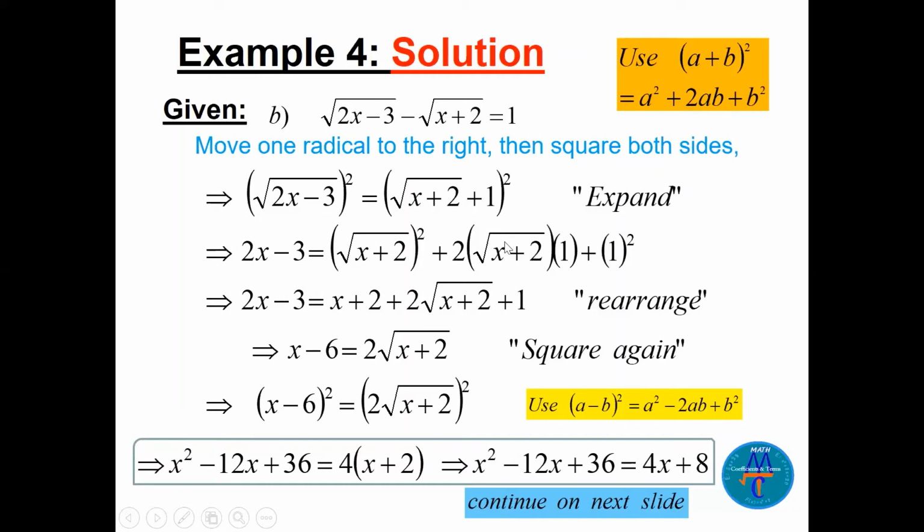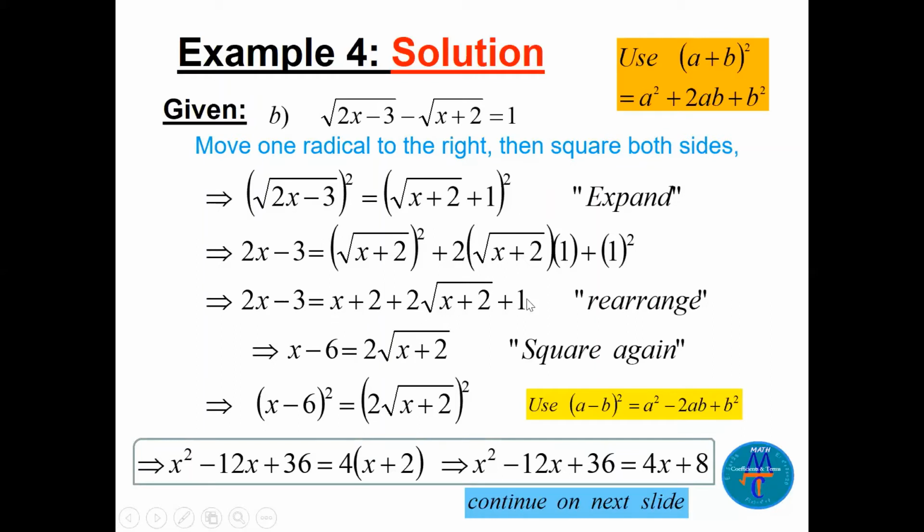Just apply it now. Don't forget the middle term, 2ab. Many students, they forget 2ab. They will never reach. Now, when you simplify this, this is x plus 2, and the sum squared is 1.